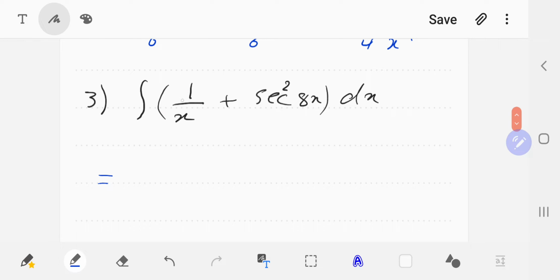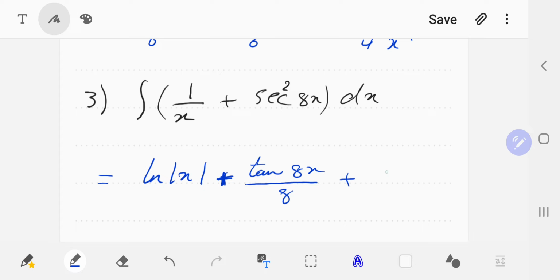Because we have a direct rule for 1 over x, which is ln absolute value of x. So this will give you ln absolute value of x, and secant squared is not an identity, it has also a direct rule. And if you forgot, you have to ask yourself, the derivative of what will give you secant squared, to remember the rule. It's actually tan 8x, and the angle is linear. That's why I can integrate immediately, divided by 8, plus c. Great.